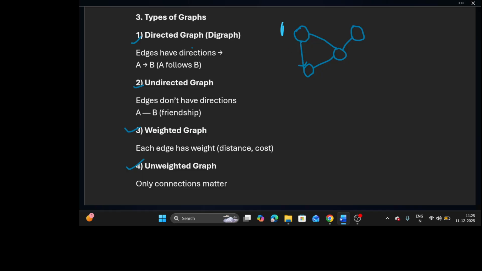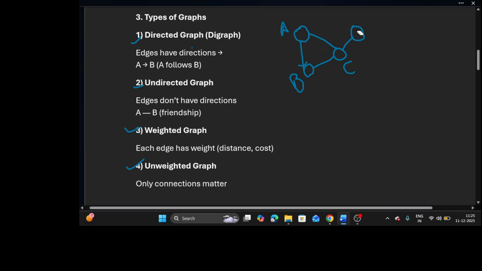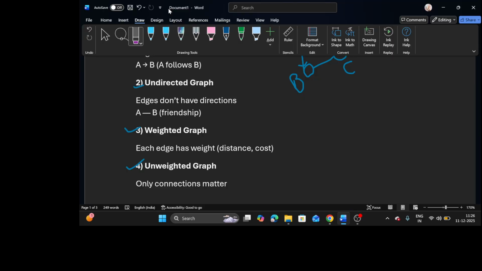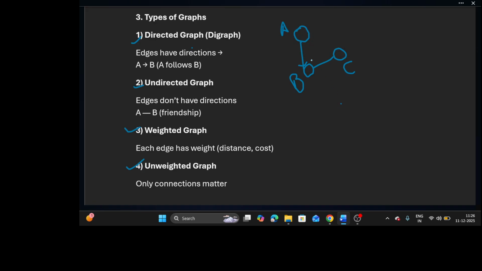Suppose A, B, and C. There is a specified direction, like A to B means A follows B, B to C, B follows C, C to A, C follows A. These are the directed graph.